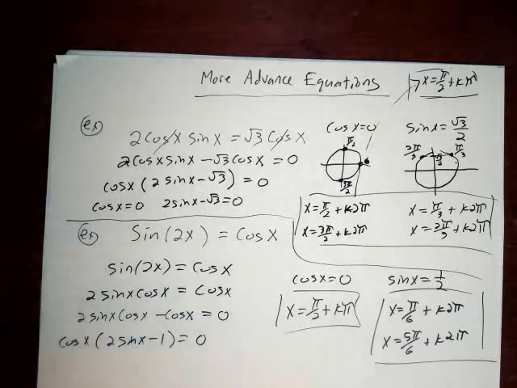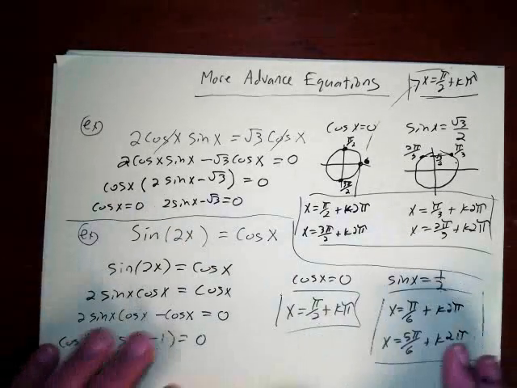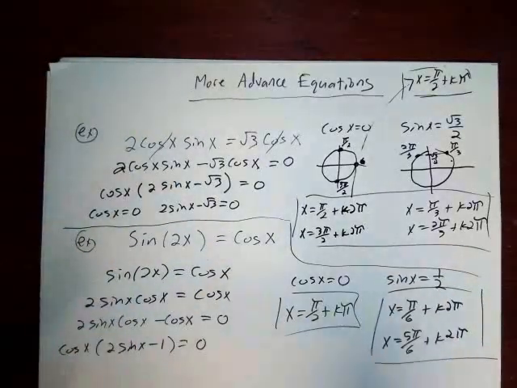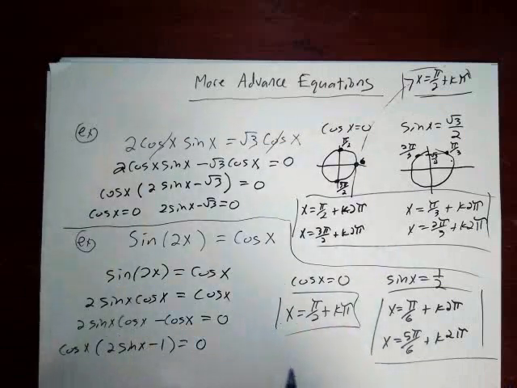Now there's a lot of other ways of solving these more advanced equations, either using identities. Sometimes if it's an equation of the quadratic type, you can use the quadratic formula to solve, and then you would set the trig functions equal to the solutions of the quadratic formula.